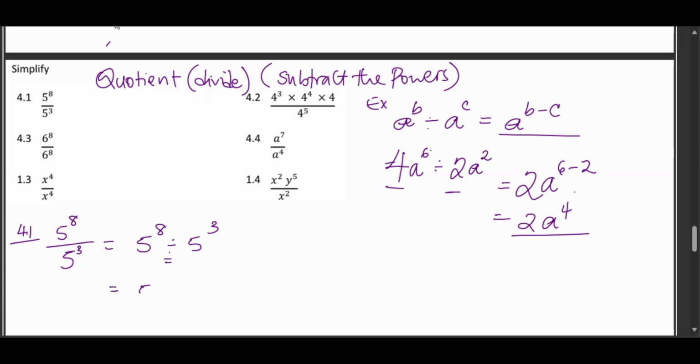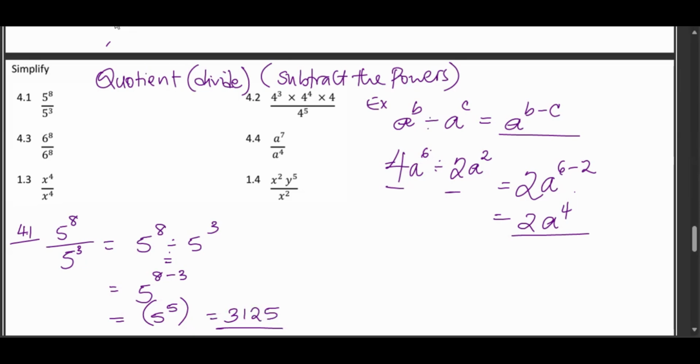We remain with our base, which is 5, and 8 minus 3. So the final answer becomes 5 to the power 5, which gives you the answer as 3,125. So this is the answer to question number 4.1.